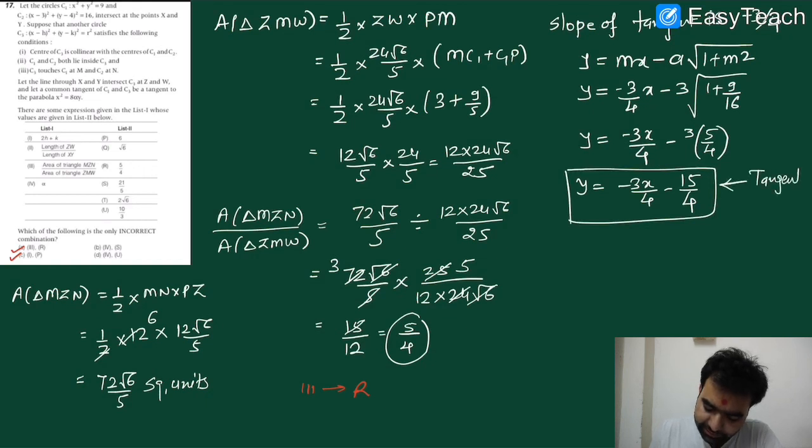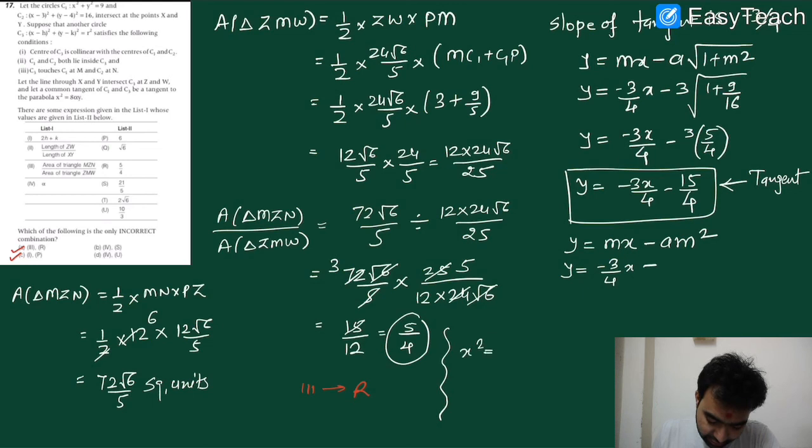Now the same tangent is tangent to the parabola. Now the condition of tangency for the parabola, y is equal to mx minus a m square, correct? So y is equal to minus 3 by 4x minus a m square. The equation of the parabola is x square is equal to 8 alpha y. If I compare it with 4ay, a will be 2 alpha, correct? So 2 alpha into m square is 9 by 16.